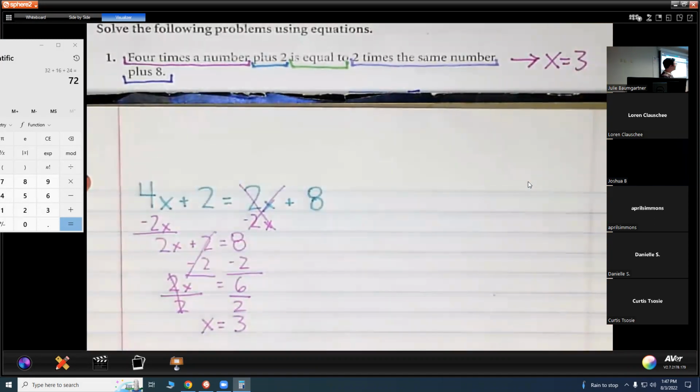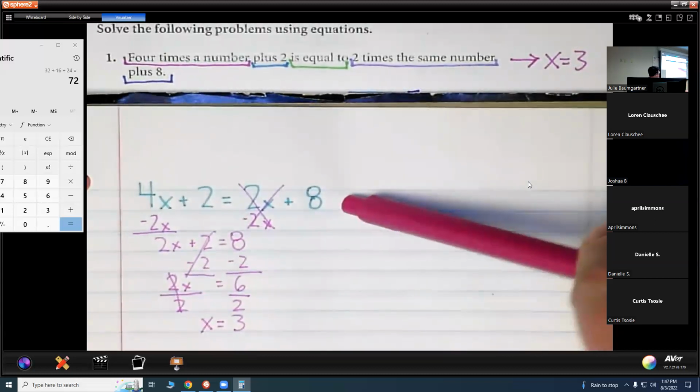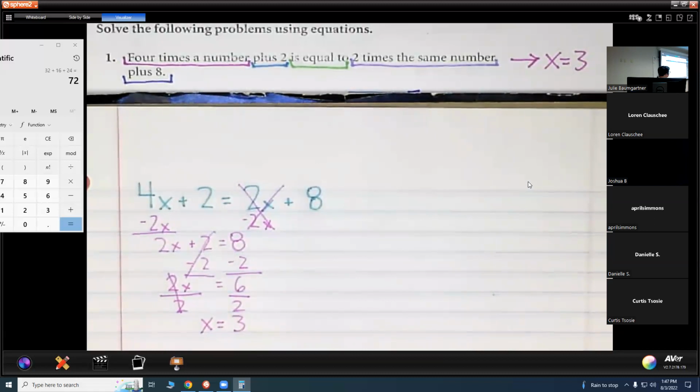You guys get that one? Just think about where you feel like you get stuck. Is it the making the equation part, or the solving the equation part? I put 4 plus 2 in parentheses, but I thought you were supposed to multiply this.